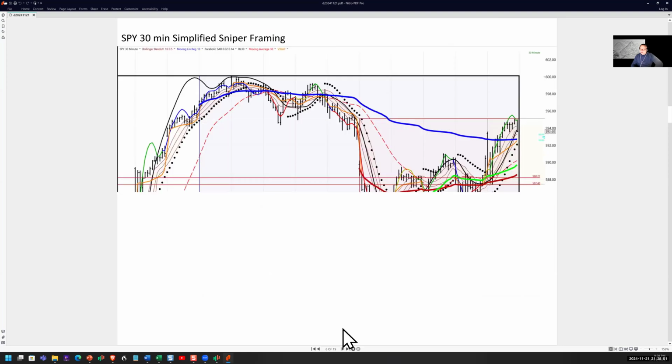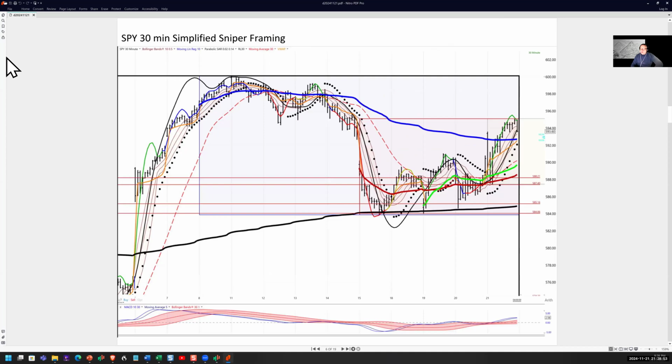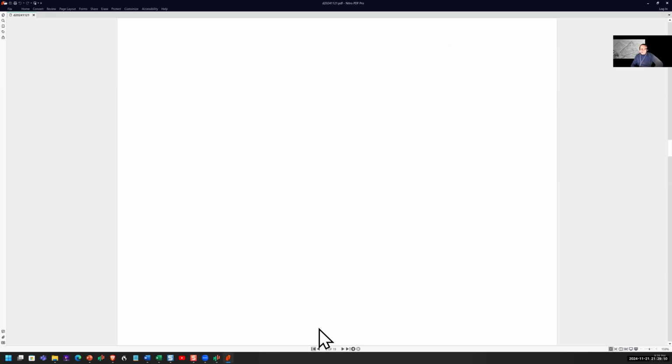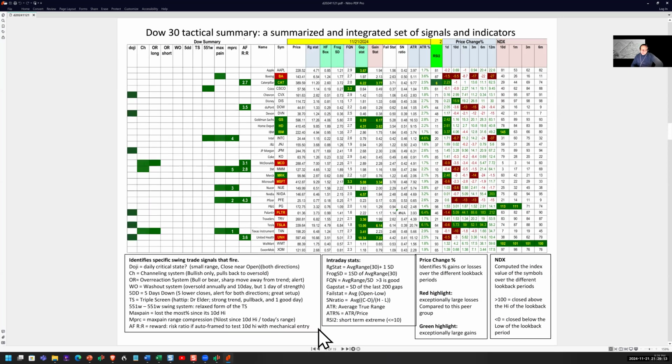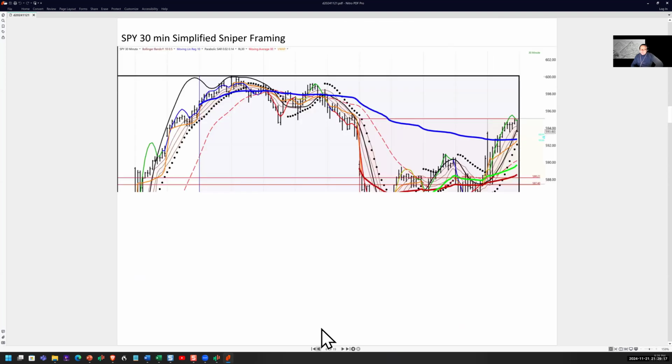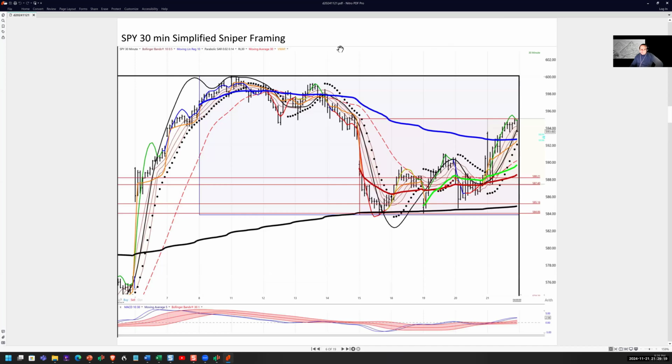On the 30-minute chart, you can see today, after some initial waffling in here, it actually has a pretty decisive move to the upside and closes very well. So today was a vote to the upside. Let me go back just for a second. The closing price is above all of the anchored VWAPs.